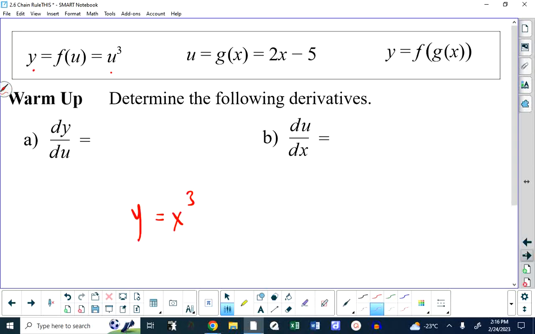Okay? And I said, what is dy dx? Well, it's 3x squared. The dx on the bottom is simply saying that's the variable that you look at applying the rules to.